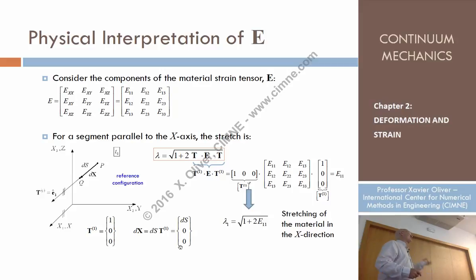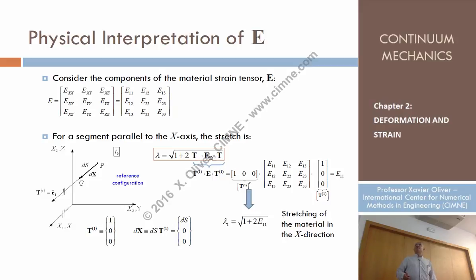Well, what is the stretch corresponding to that direction? We go to the formula, and we obtain that the stretch is computed as the square root of 1 plus 2 t times E times t.